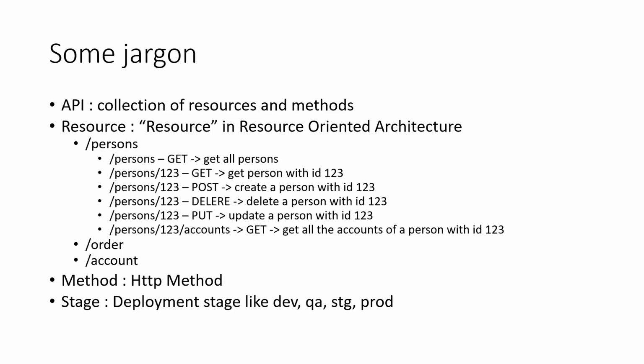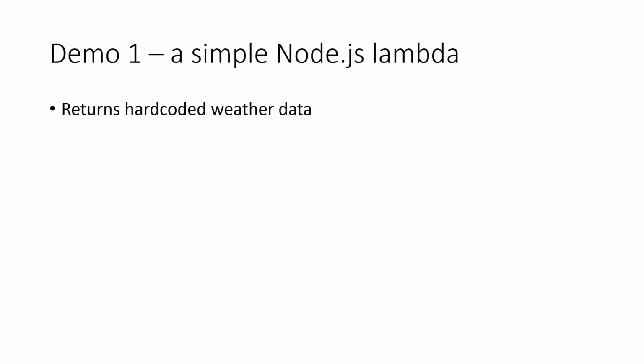Every single time you deploy your API to a stage, either you are updating an existing version or you can create a new version. It's a snapshot of that API at that point in time, whatever the changes at that time. So that's about it. Let's take a look at a simple demo.